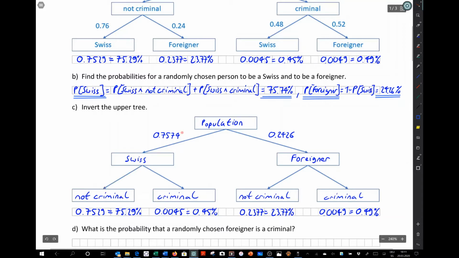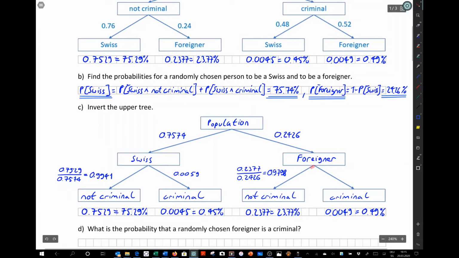Well, we know that this probability times this probability here is this, so we can calculate it backwards as 0.7529 divided by 0.7574, and we get 0.9941 for this branch, and hence 0.0059 for this branch, since the two have to sum up to 1. To find the probability of this branch, we calculate again this 0.2377 divided by this 0.2426, and we get 0.9798, and hence 0.0202 for this branch.